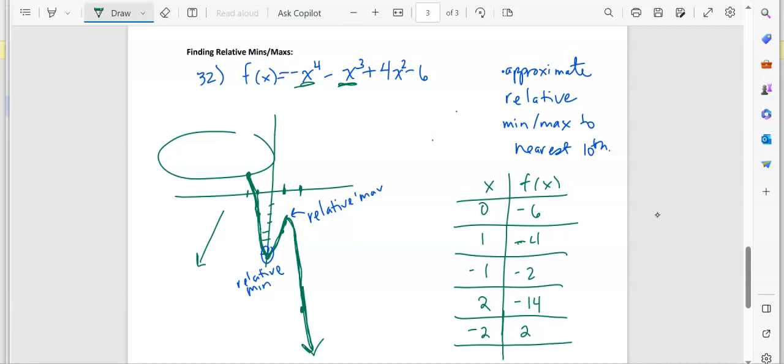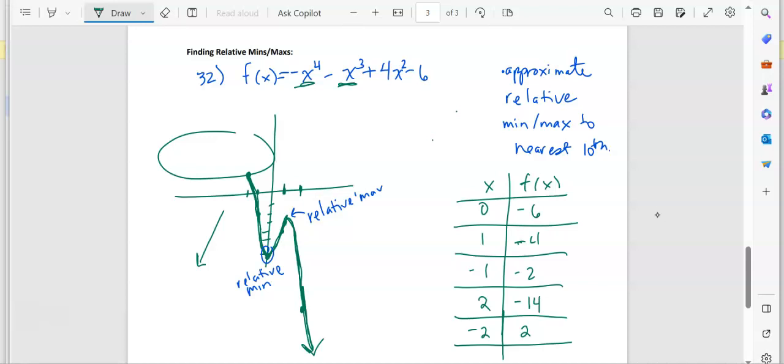So if you go back to your notes and look at your specific possible answer options based on what we just did here, the relative min was at (0, -6). So that just limited you to option B. And then you can go back and double check, is your maximum at (-1.8, 2.3)?